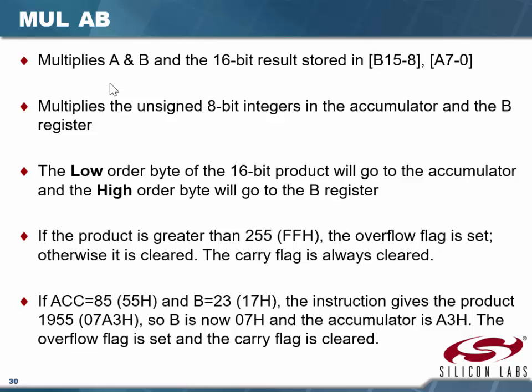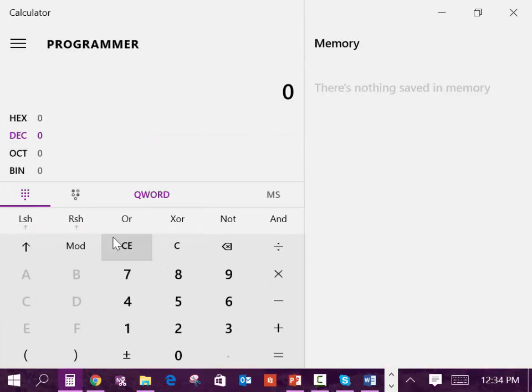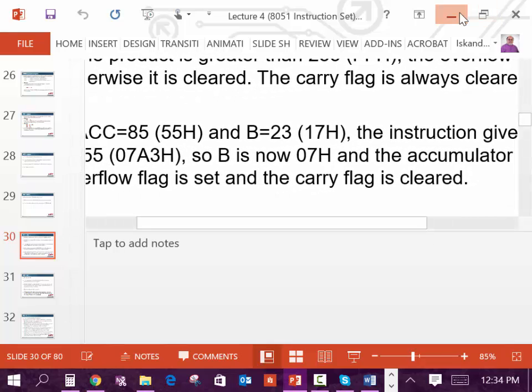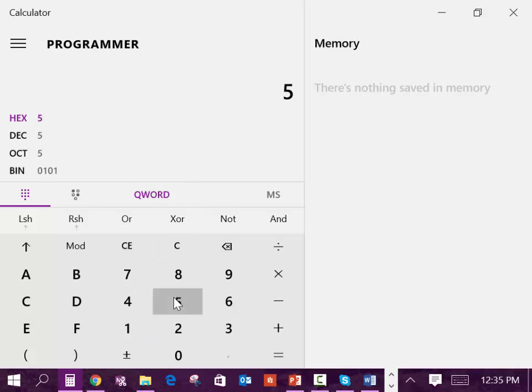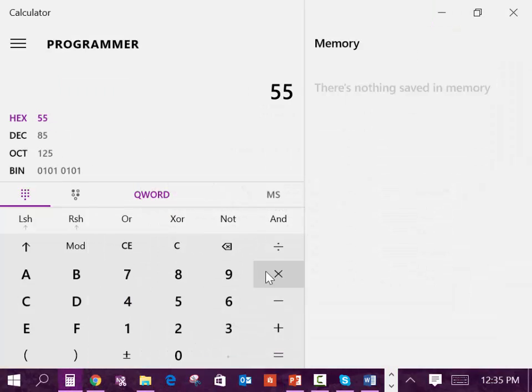So if I bring up my calculator and go back to programmer mode and go in hex, 55 times 23, our answer is B9F.